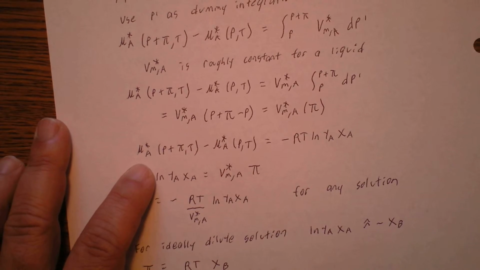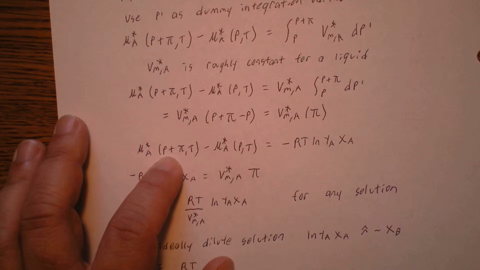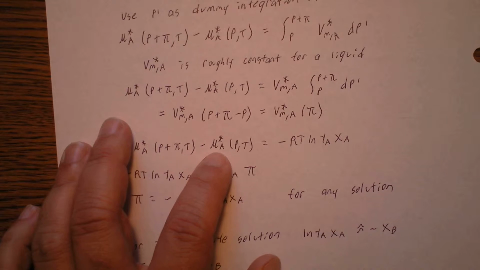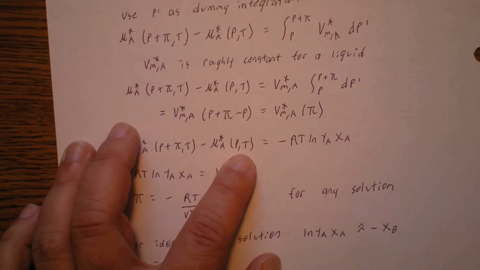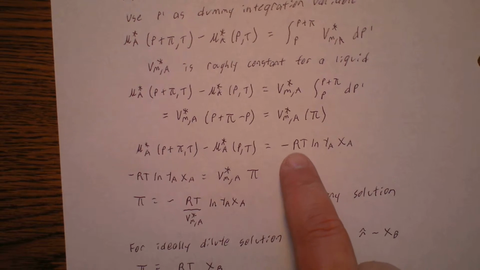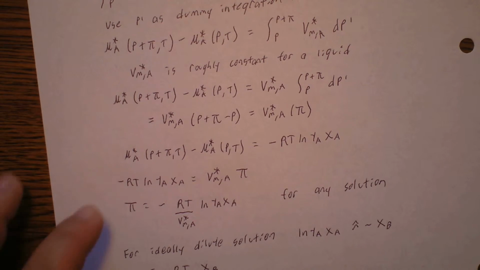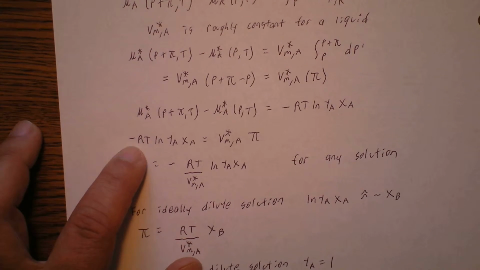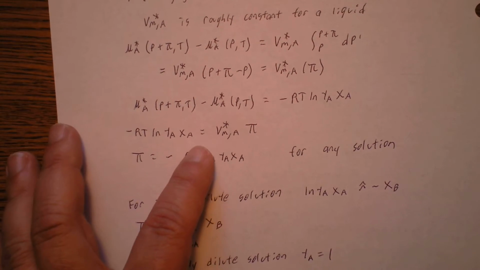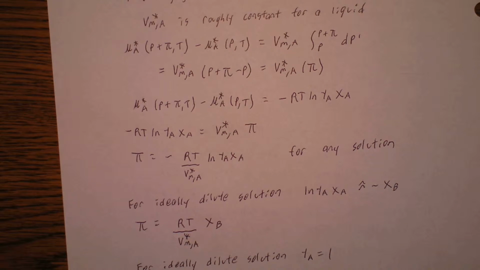So the chemical potential of the substance A in the pure state of the original pressure plus the osmotic pressure at original temperature minus the chemical potential of A in the pure state of the pressure and the temperature is equal to minus the gas constant R times the temperature times the natural log of gamma of A and chi of A. So that gives us minus RT ln gamma A chi A is equal to the molar volume of substance A in the pure state times pi, our osmotic pressure.